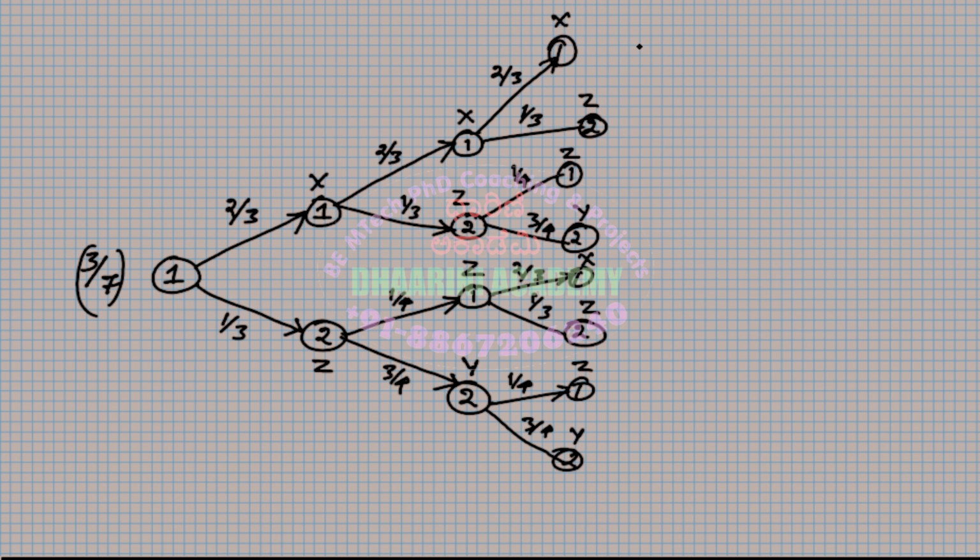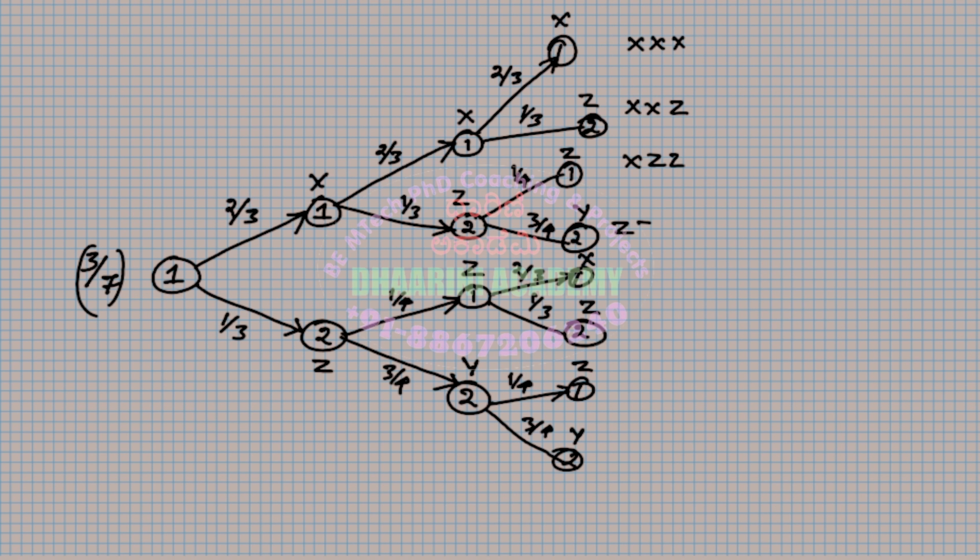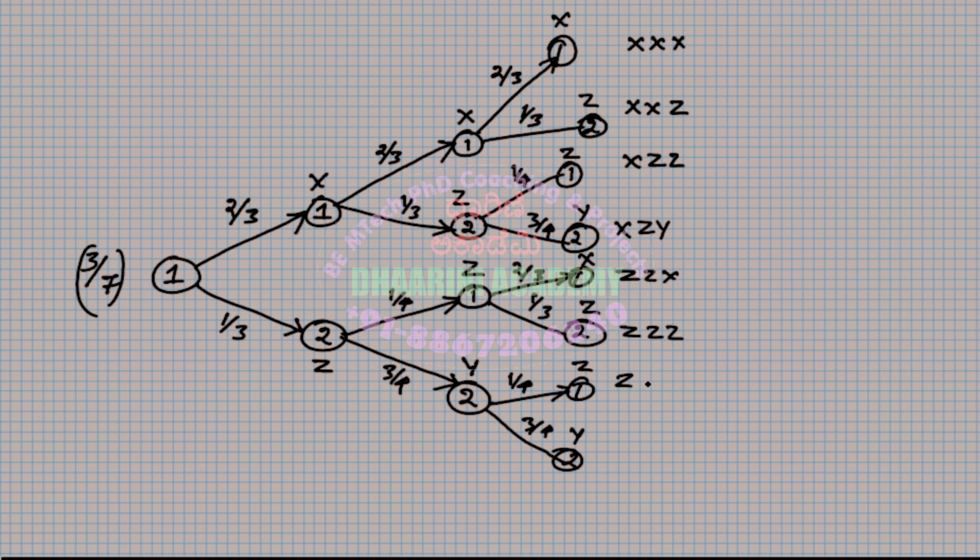So already we know what we get. So I'll write the symbols I get here. So this is X followed by X. So this will be X, X, Z... X, Z, Z, X, my mistake, sorry. It should be X, Z, and Y, right? Okay, X, Z, and Y. Then we have Z, Z, X, Z, Z, Z, Z, Y, Z. Then I have Z, Y, Y. All right, so these are the various calculations we can perform, right?